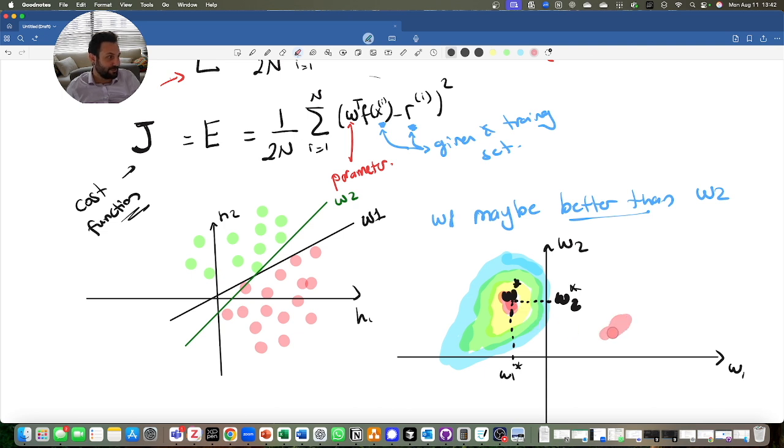There might exist a region where the W's are great, like even darker than red. Is this red? No, maybe. Let me use this pink. Maybe this is even better. And if I could get close to this region, maybe I can find a better model, and I can draw the rest of the space like this.